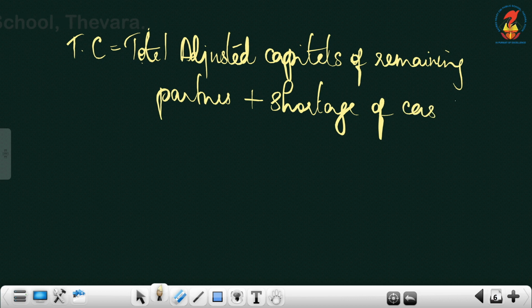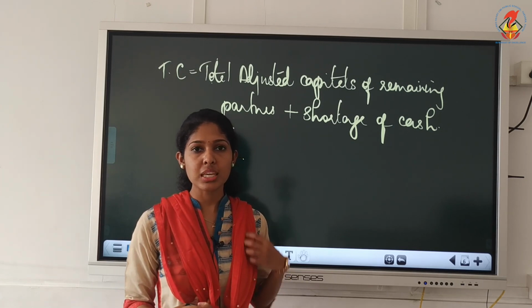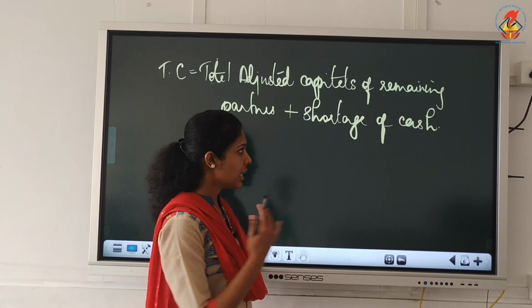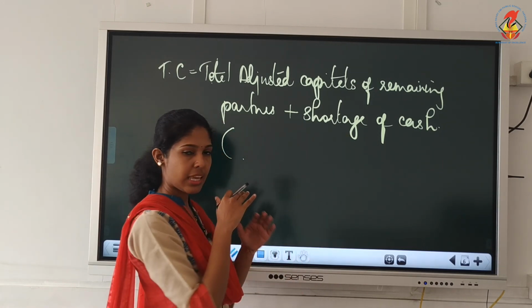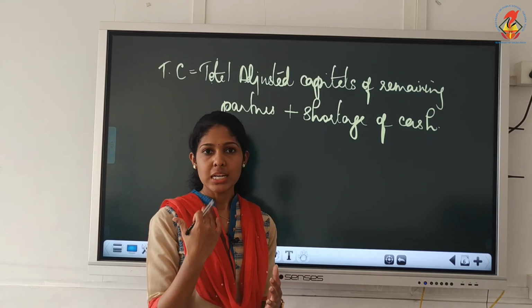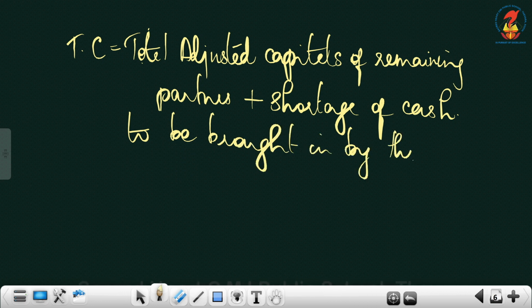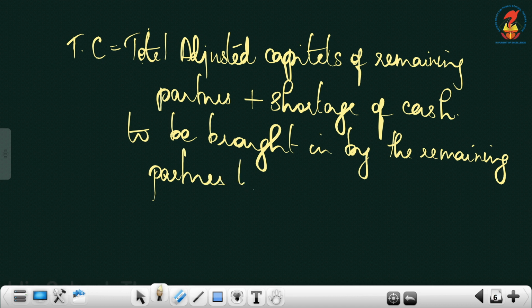shortage of cash. But here shortage of cash means, in the previous case we just found the retiring partner's column balance, and that was shortage of cash. Here what you have to write is shortage of cash, the same sentence we have, to be brought in by the remaining partners to pay the retiring partner.